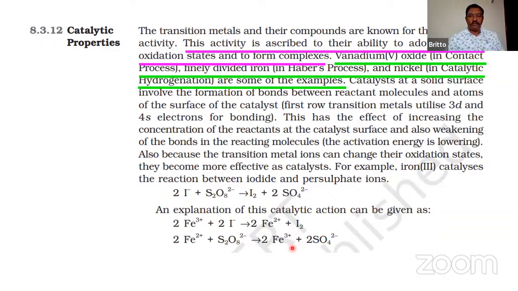So when you add iron 3 catalyst, what happens first, the iron 3 reacts with I minus, and then Fe3 plus என்ன இது, it'll oxidize the I minus. Okay, அதை oxidize பண்ணி I2 oxidize பண்ணிடுது. So during that process Fe3 plus is converted to Fe2 plus.